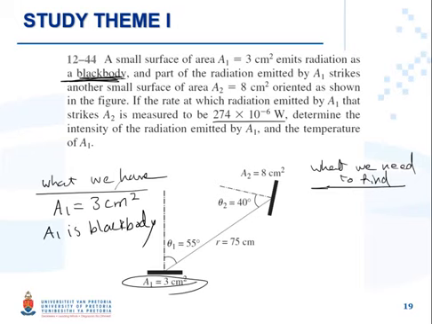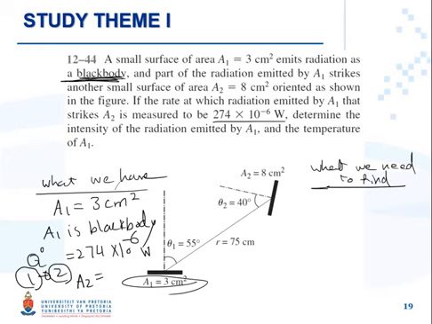We also have Q dot 1 to 2 equal to 274 times 10 to the minus 6 watt, emitted by surface 1 and striking surface 2, and we also have A2, so A2. What do we need to find? We need to find I1, which is the intensity of radiation emitted by A1, and the temperature of A1, T1.